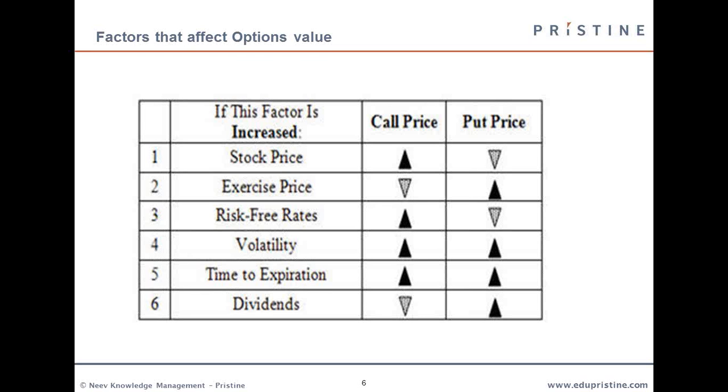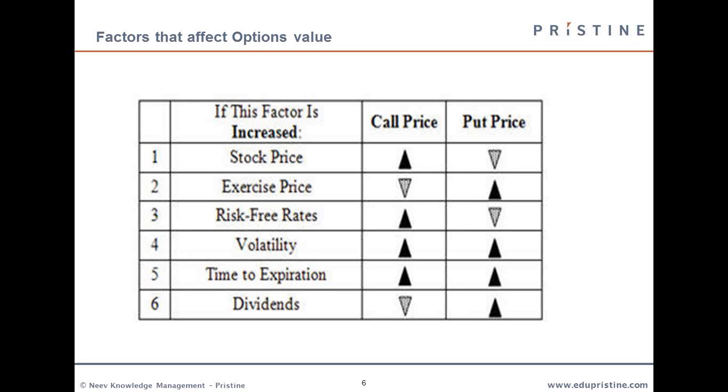So if the stock price increases, you have a better chance of earning profit because the exercise price is fixed and you can buy the stock at that price. So obviously the option premium that you pay will also be high. Thus the call price increases and the put price, which is the opposite, decreases.